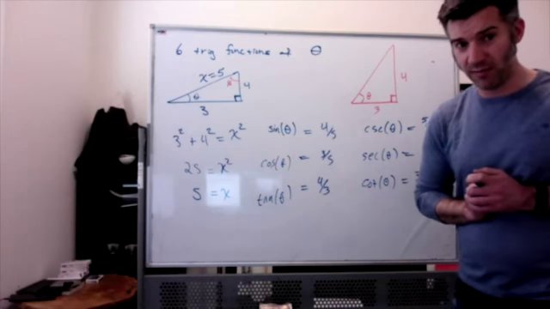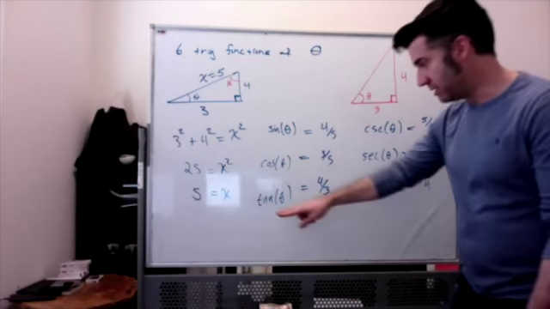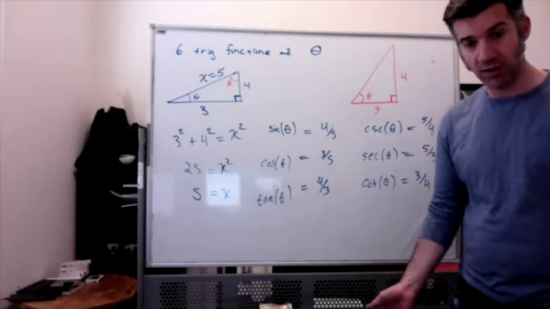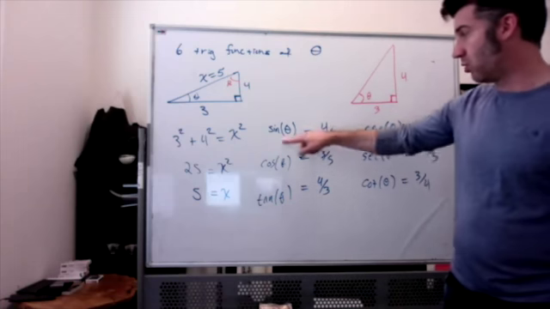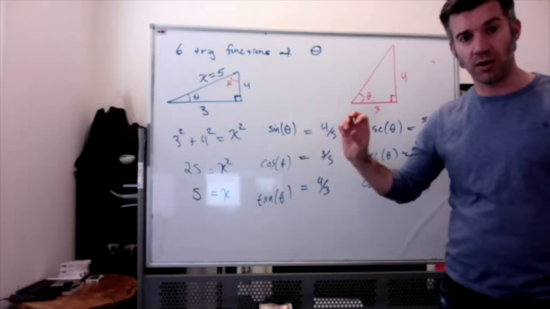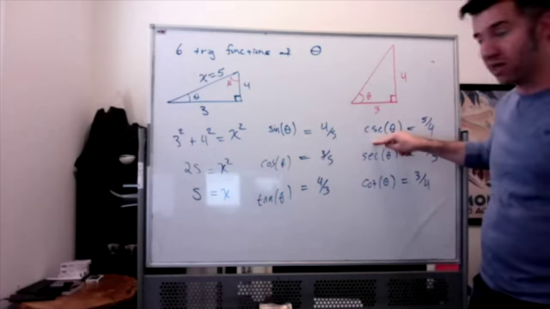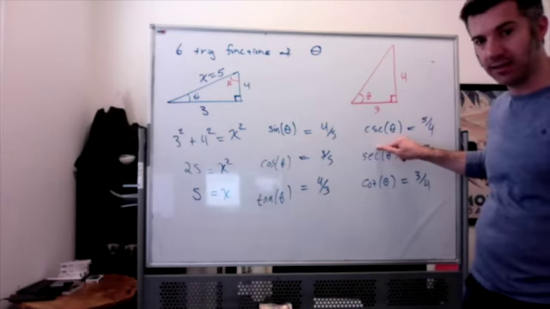A good rule of thumb: I think it's obvious by the naming that tangent and cotangent go together. They're reciprocals of each other. The other ones, it's not so clear. Here's what I always remember. In a reciprocal pair, there's always one co-function and one non-co-function. Cosecant and sine.